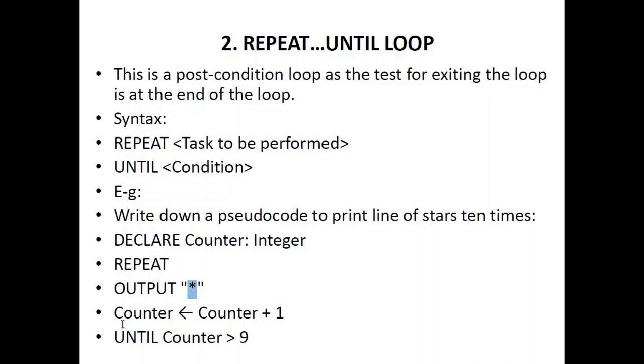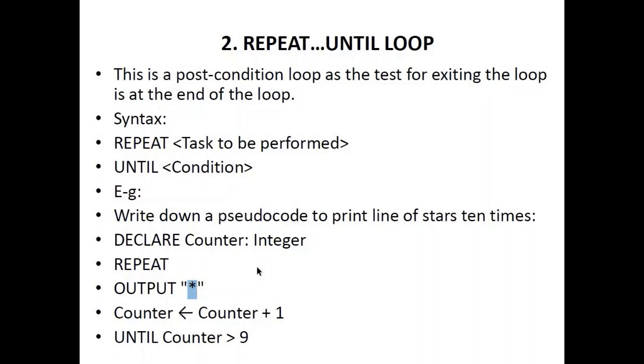And then we increase the counter: counter equals counter plus 1, so that it can go from 0 till 9, or from 1 till 10, because we need to get it printed 10 times, UNTIL counter is greater than 9.